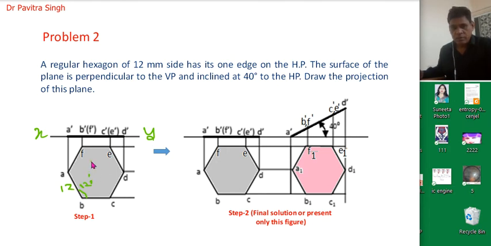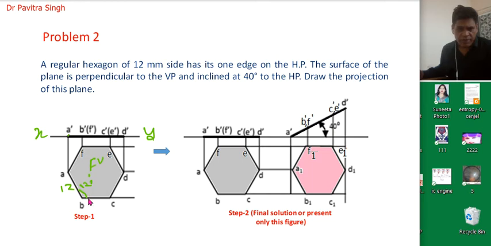So this is actually the top view, and we can see this plane completely from the top. Now we will draw vertical lines from points A, B, C, D, E and F. These lines connect on the xy line at points A dash, B dash, C dash, D dash, E dash, F dash.